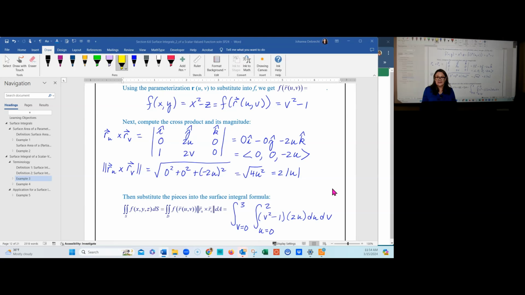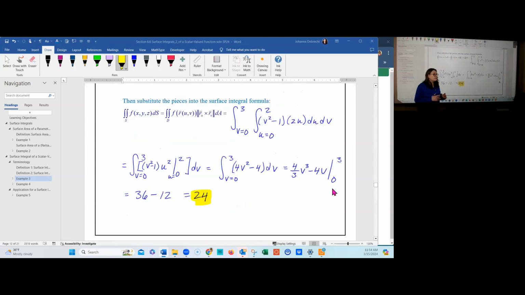Once you have done the setup for the integral, I went ahead and integrated with respect to u first, and that gave me u squared over 2, which canceled the factor 2, and gave me the quantity v squared minus 1, times u squared, evaluated from 0 to 2.